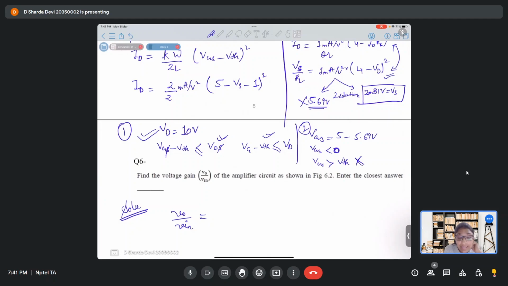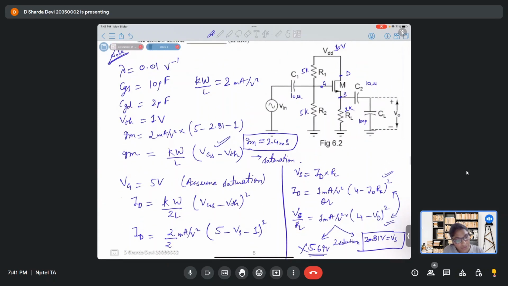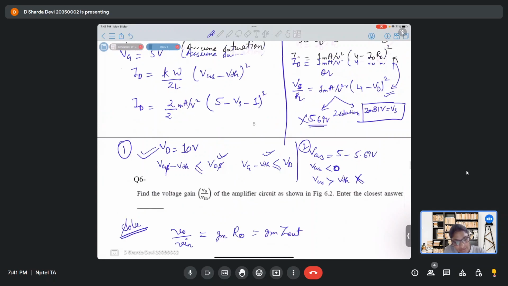Now going for voltage gain. How do we write voltage gain for MOSFET? Voltage gain is always GM into R naught, or GM into Z out. GM we have already found out.